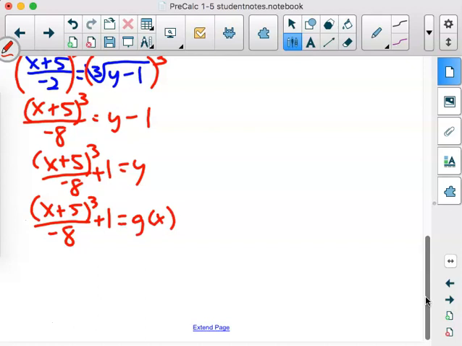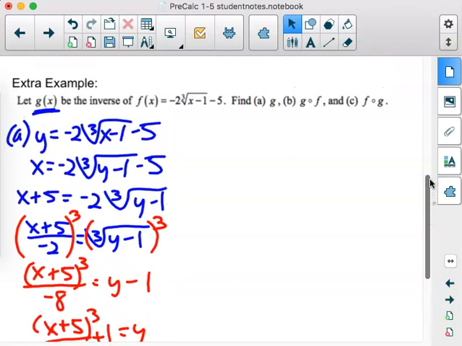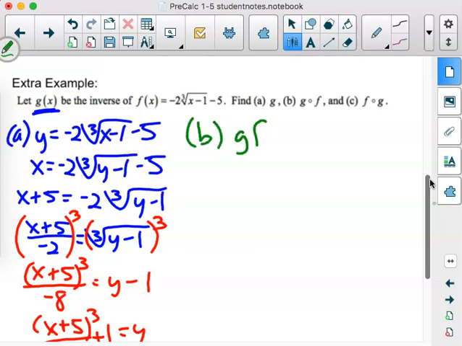All right. So now, where this becomes challenging is, remember what we're going to do with this. This big mess has to go inside that other big mess up there, and vice versa. So, try to think of the x as just a slot that has to be filled. As we go after b, g of f of x.